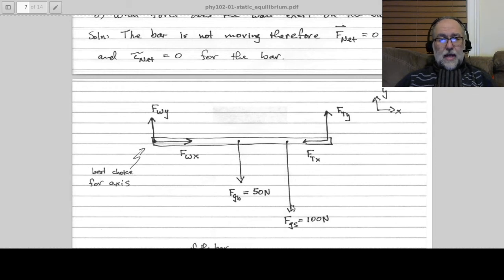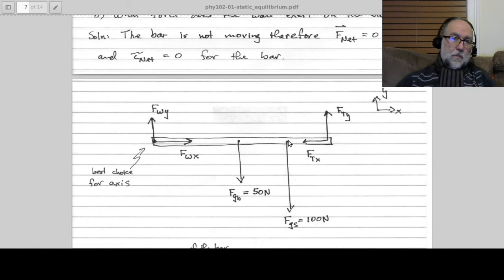There's this extra force right here from the sign, and it's 100 newtons. I didn't put the distances here because I didn't want to complicate the diagram, but if you're starting from the wall and you go to where the FGB is attached, that's 1 meter, and you go to where FGS is attached, that is 1.5 meters, like that.